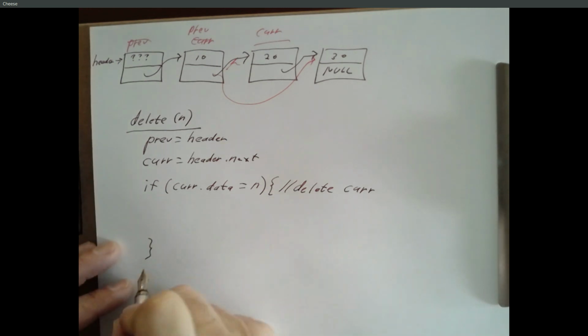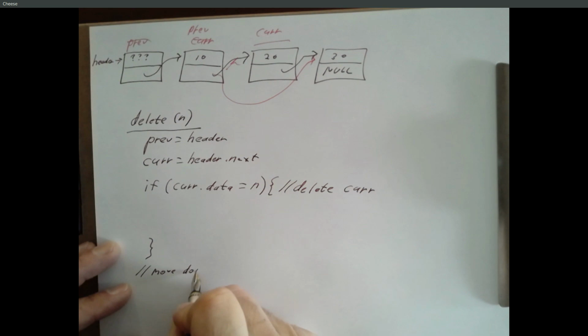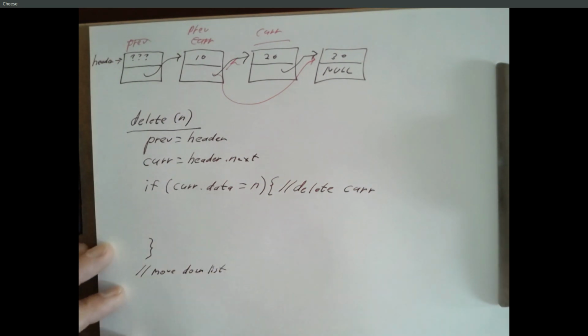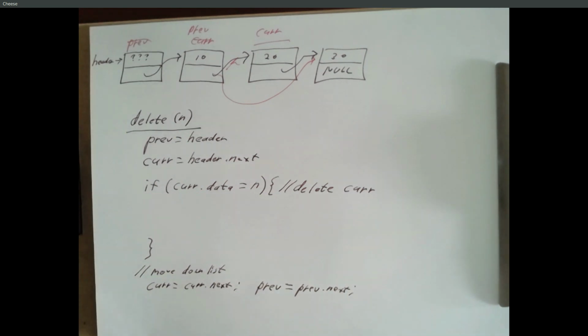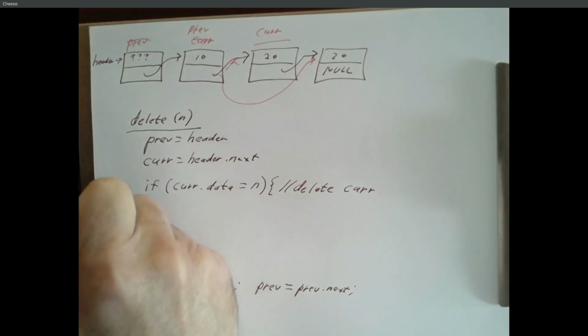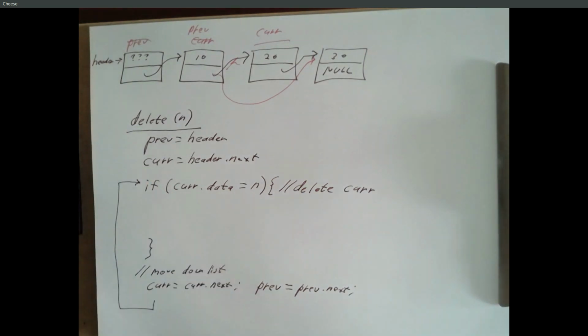Otherwise, what do we do? Move down the list. So we change current to be current.next, and we change previous to be previous.next. And then we're going to go back and we're going to search again.